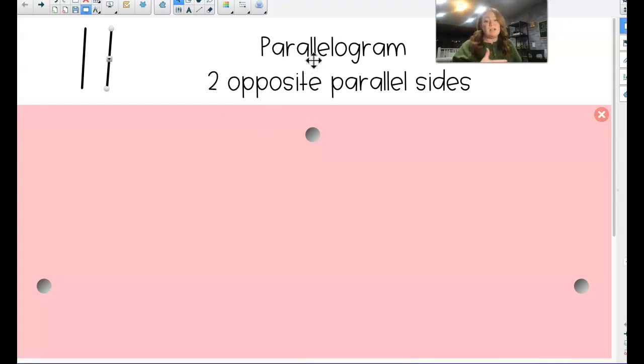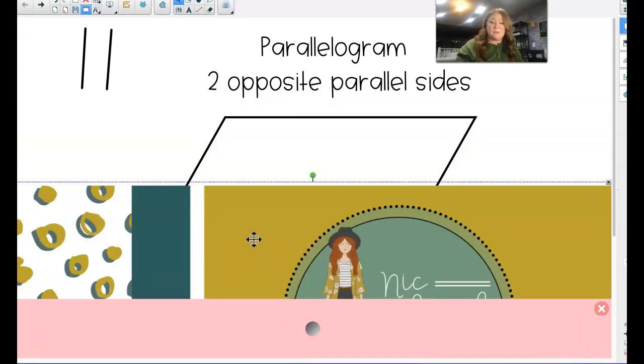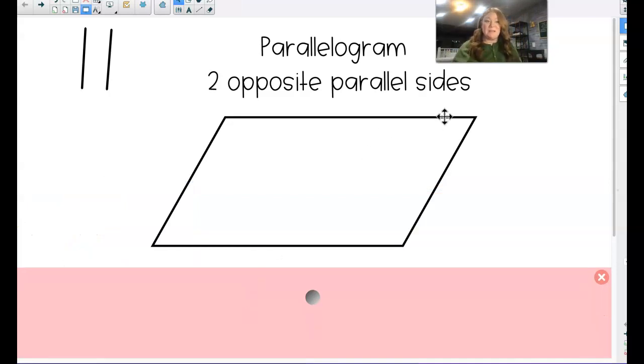So a parallelogram is made up of both sides being parallel to each other. It will never intersect. Usually when we are referring to a parallelogram, it is going to look something like this.